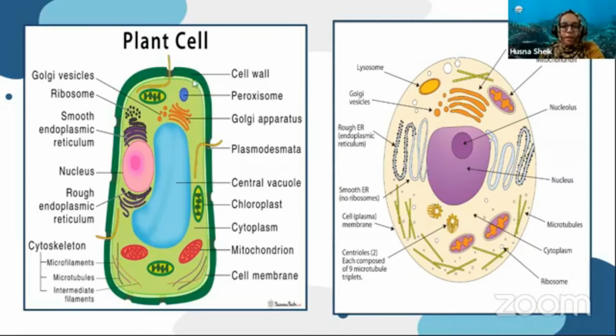When we compare, you can see that plant cells have a cell wall and a large central vacuole, and additionally they have chloroplasts for photosynthesis. That's the main difference between the general eukaryotic cell and the plant cell. So you should know the differences, okay?